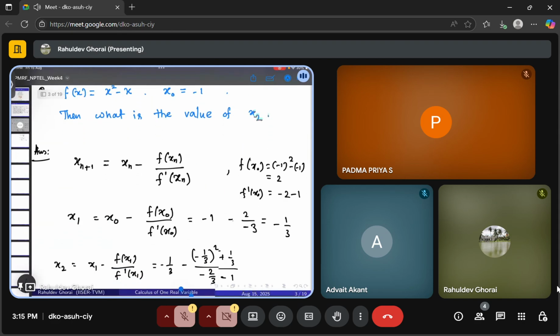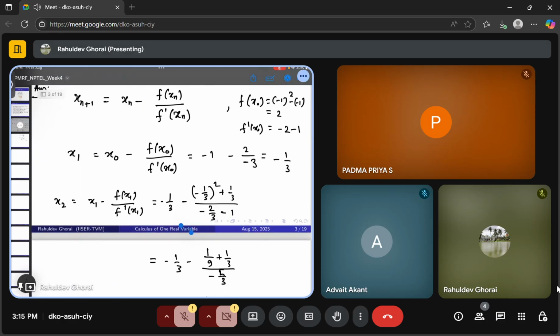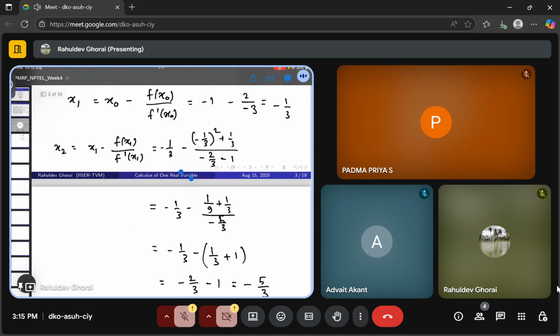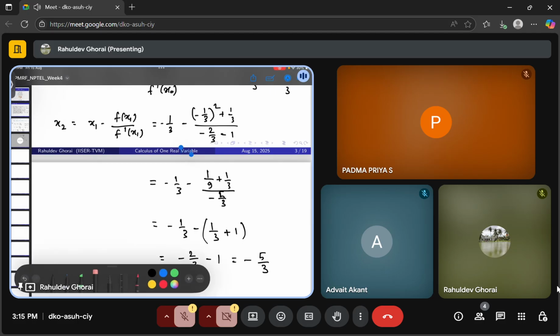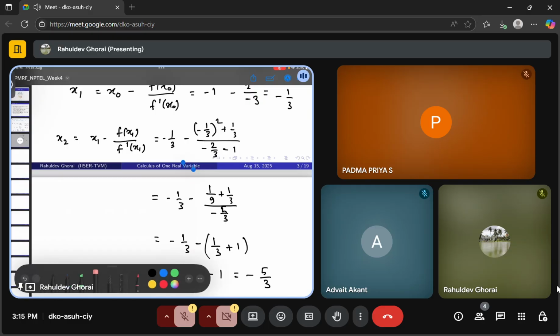That gives you 2 by 3, which implies minus 1 by 3. So now when it comes here, it will be minus 2 minus 1, which is minus 3, so minus 5 by 3. Whatever the calculation here, that will be changed now.